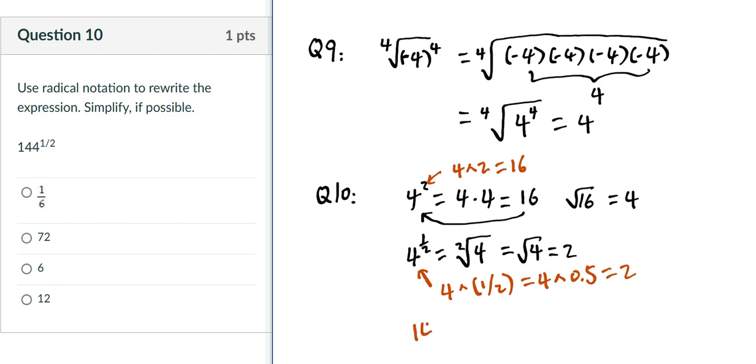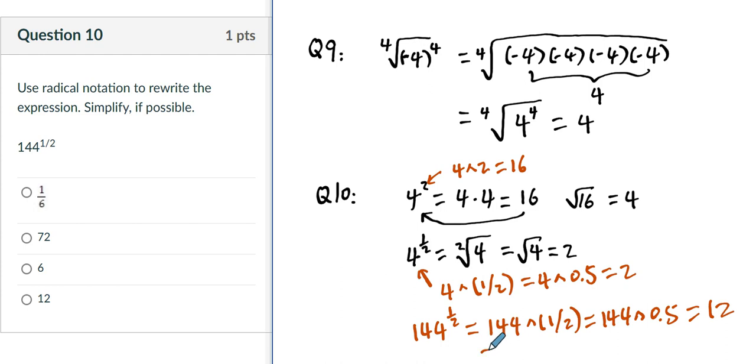So 144 to the 1/2 on your calculator: you do 144, arrow up, like that. Or you do 144, arrow up, 0.5. You will get 12.